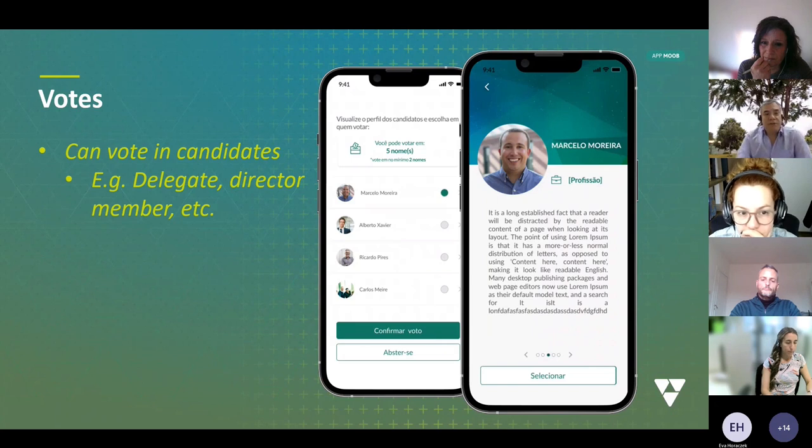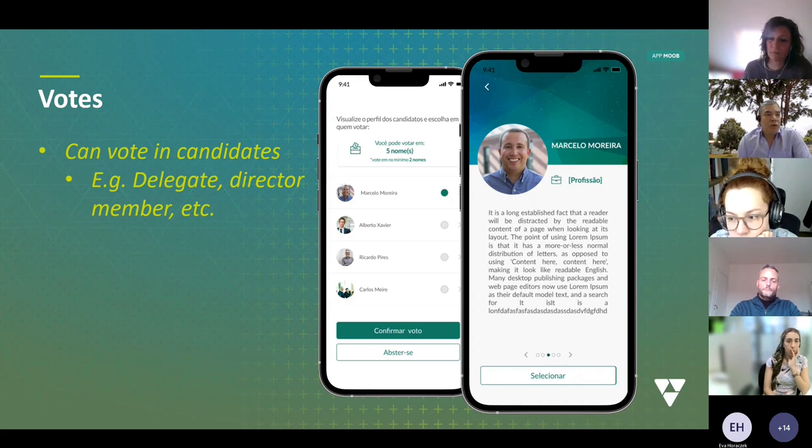All these votes were very used in the pandemic period, because all decisions in the credit union were done using the Sicoob Moob.